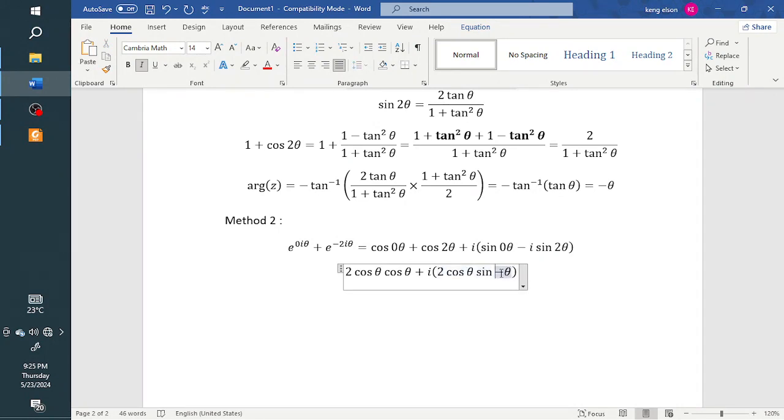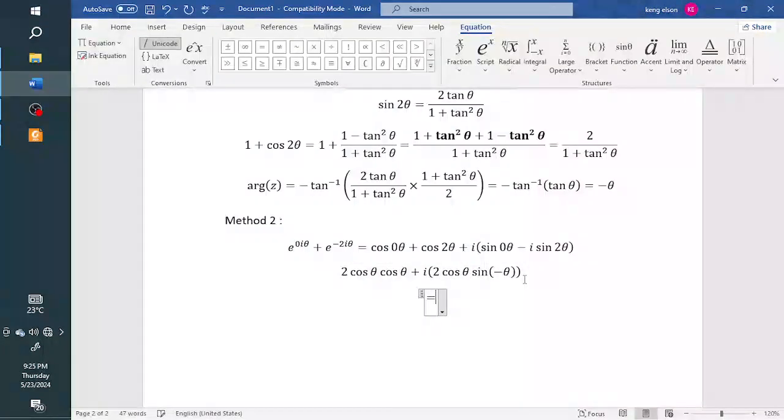So you realize that from these two terms, 2 cos theta is common, because there's a 2 cos theta here. If we factorize the 2 cos theta from both terms, from the first term we are left with cos theta, and from the second term we are left with i times the sine of negative theta.